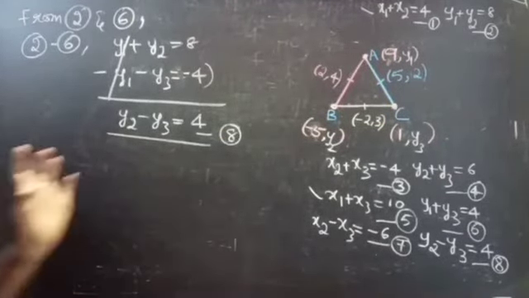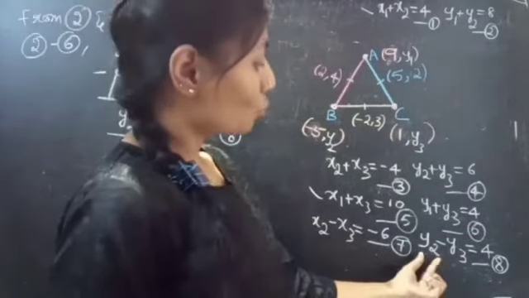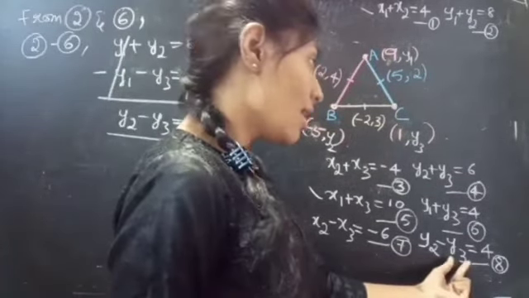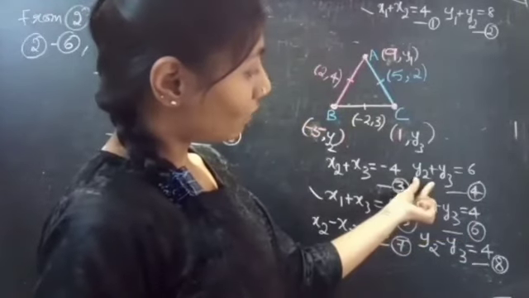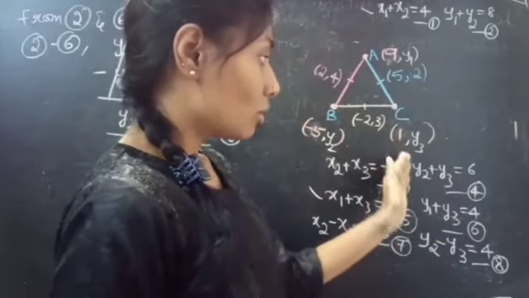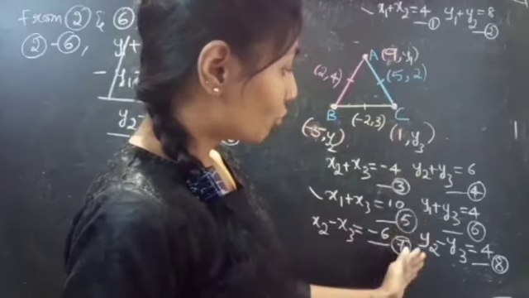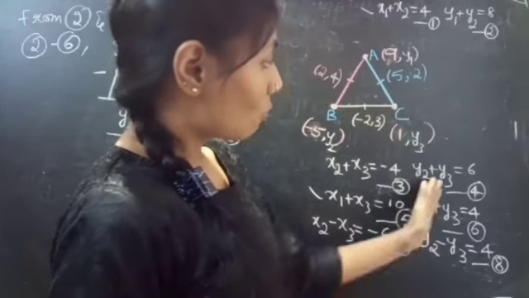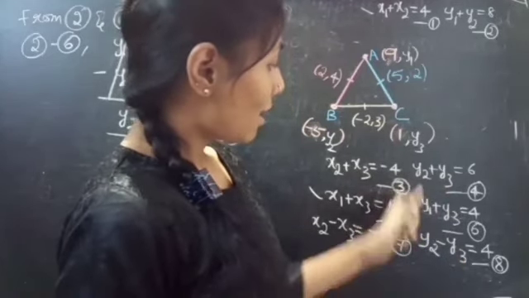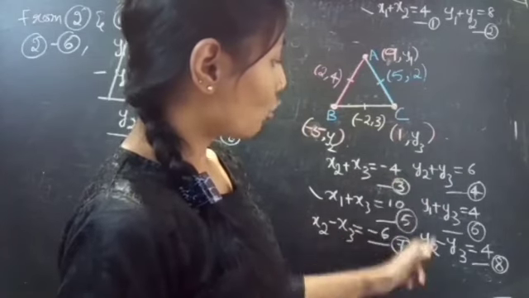If you consider equation 8, you have y2 and y3, and also in equation 4 you have y2 and y3. So if you solve equations 4 and 8, y3 gets cancelled and you'll get the value of y2.